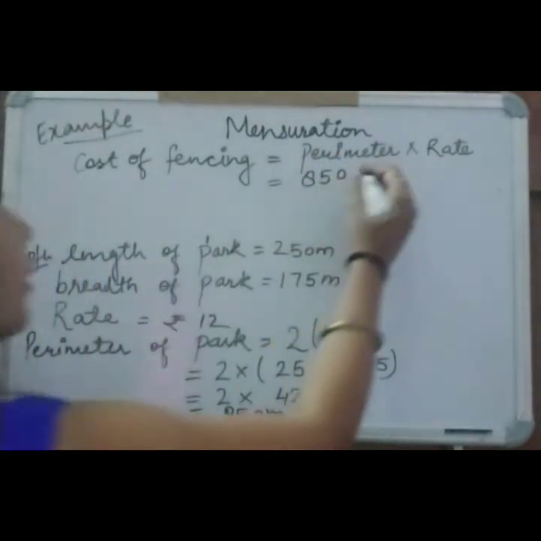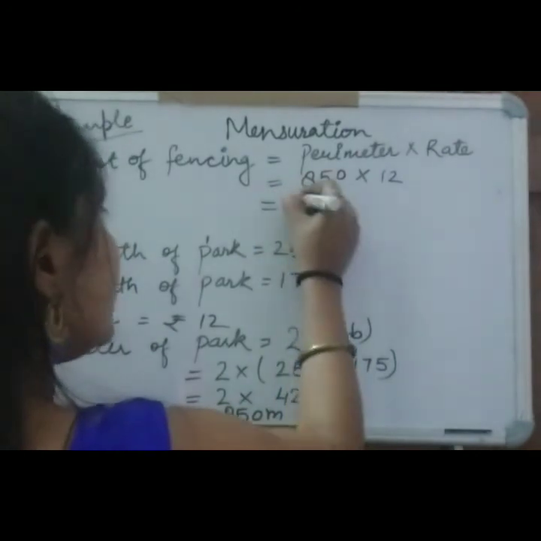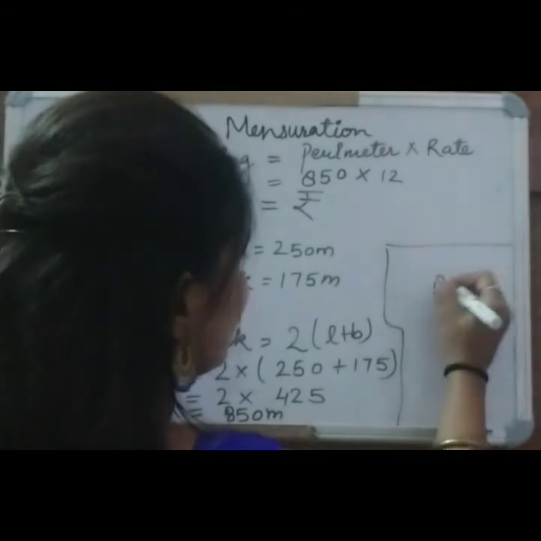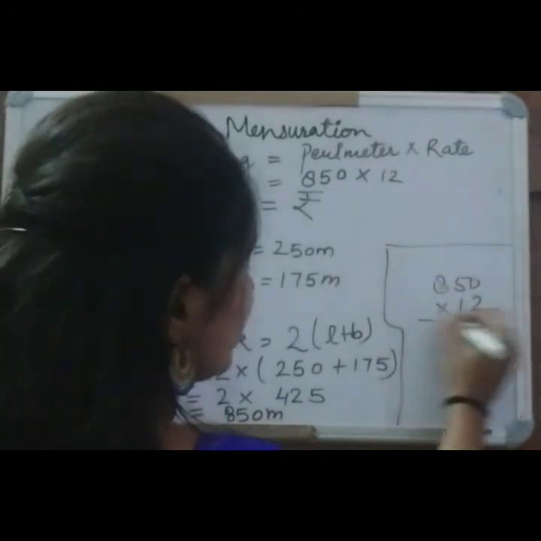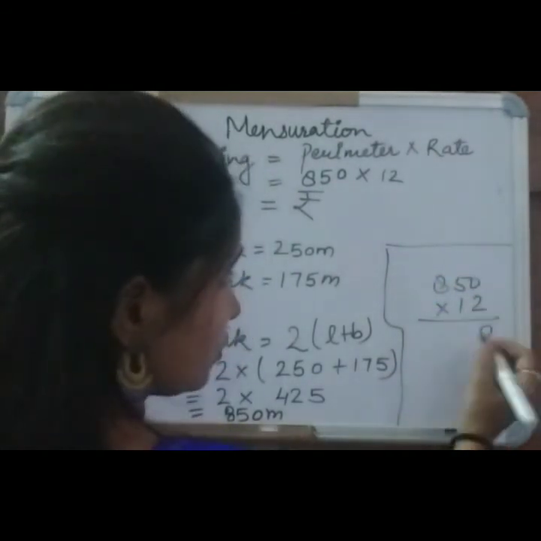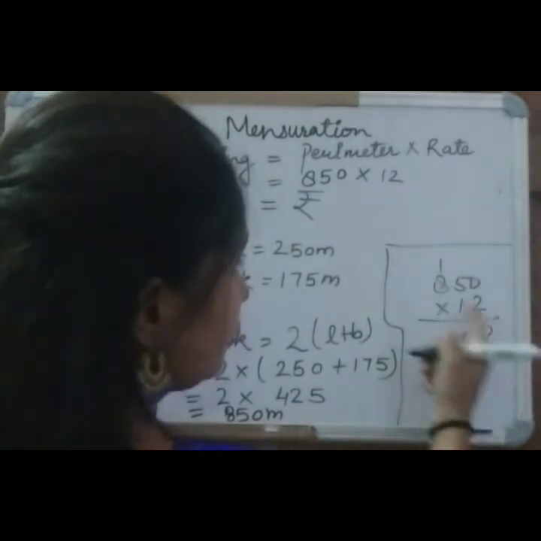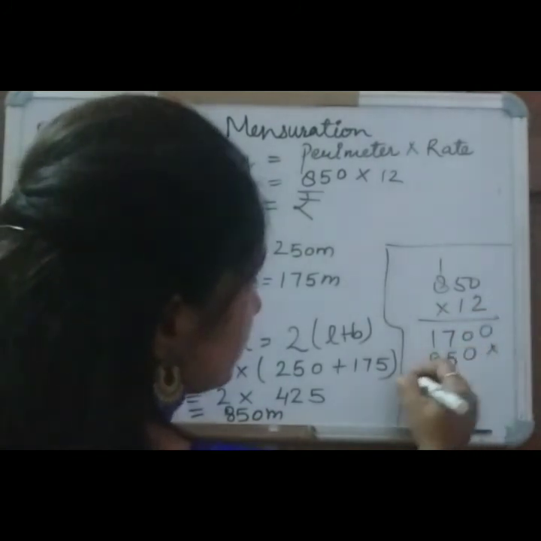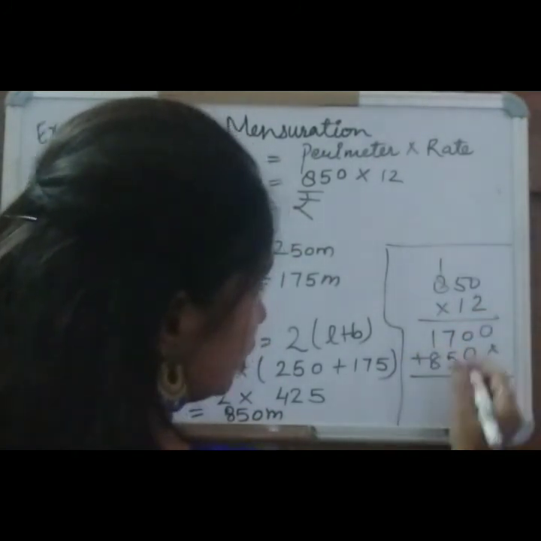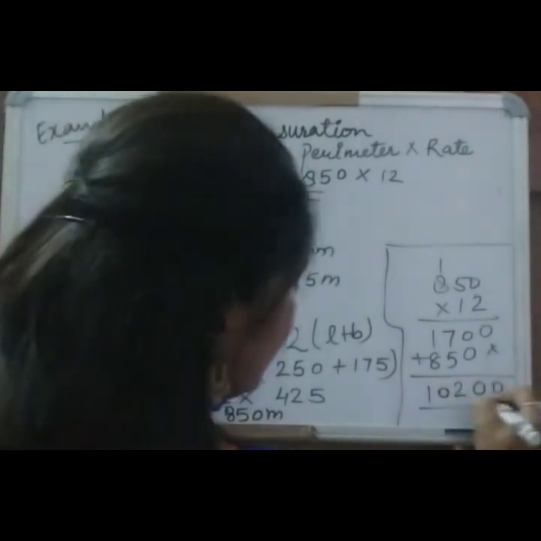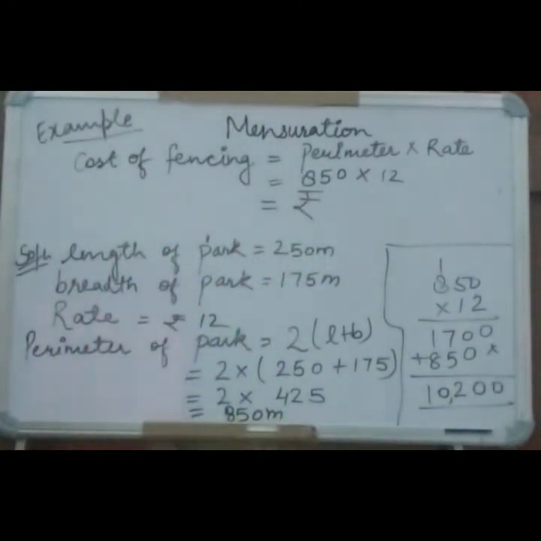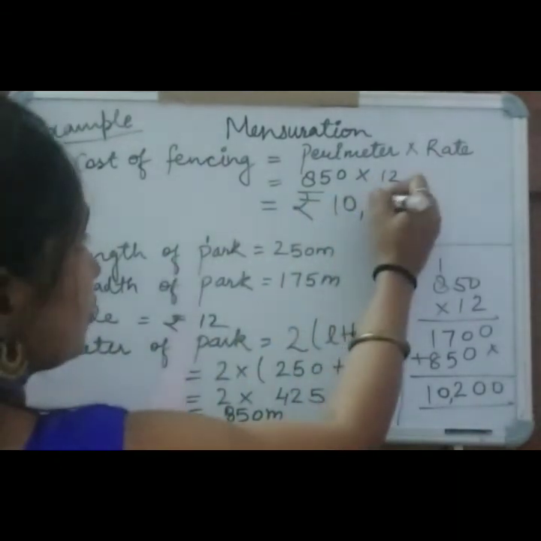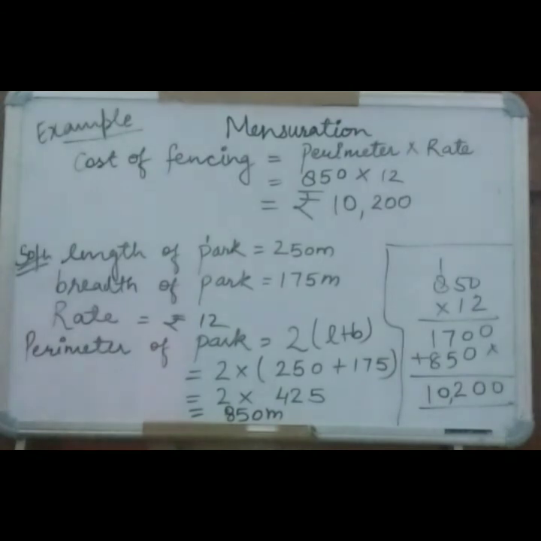Rate is given, 12. Multiply it, we will get the answer. So here we can do multiplication: 850 into 12. So what is the cost of fencing? It is 10,200 rupees. This is the cost of fencing.